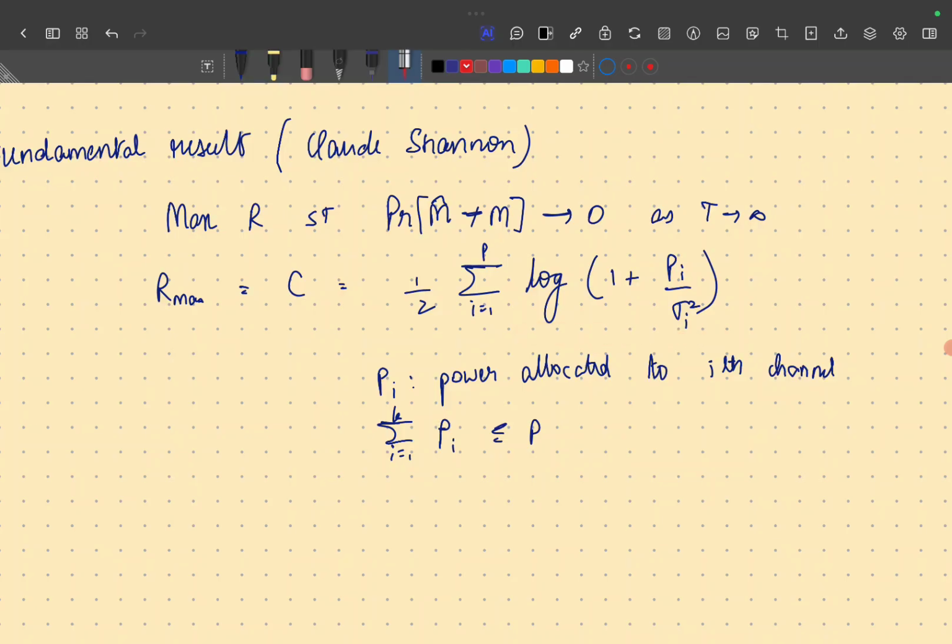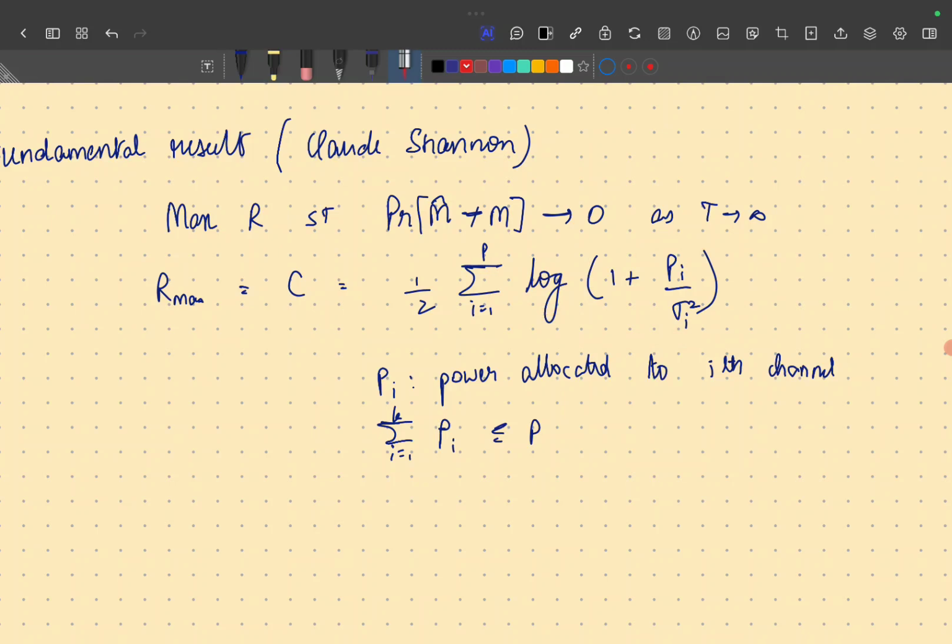And if I allocate equal power for each subchannel, then if the noise variance is large, the effective rate is small, because this quantity is a decreasing function of sigma i square. So over channels which have high noise variance, I'm losing out.